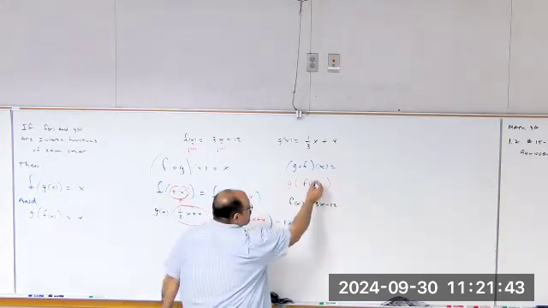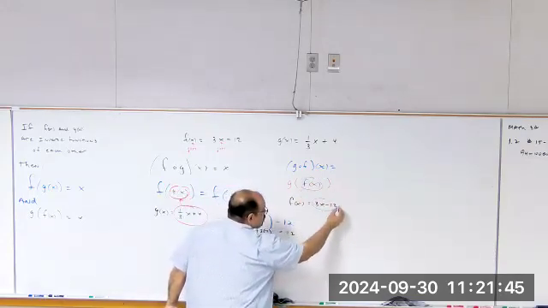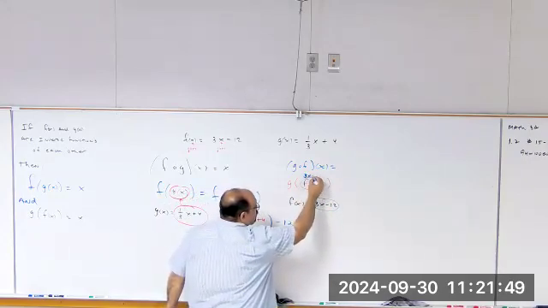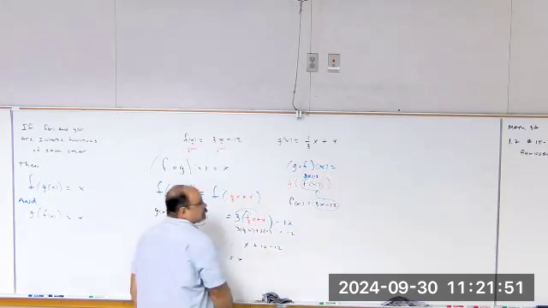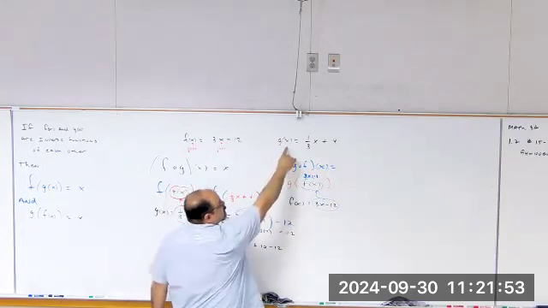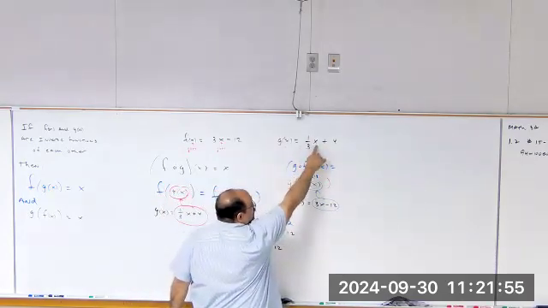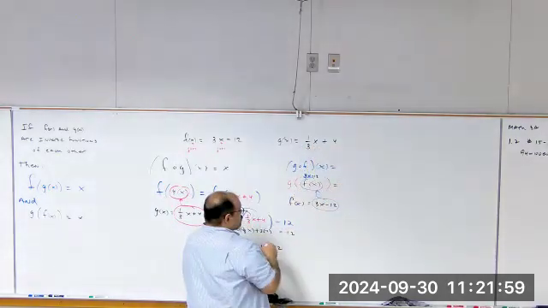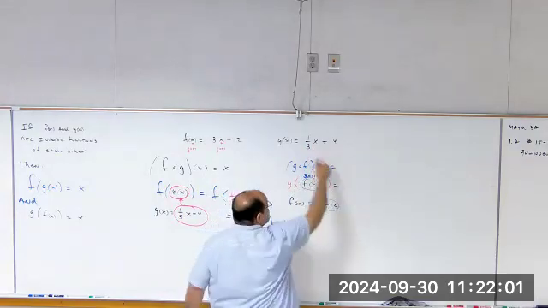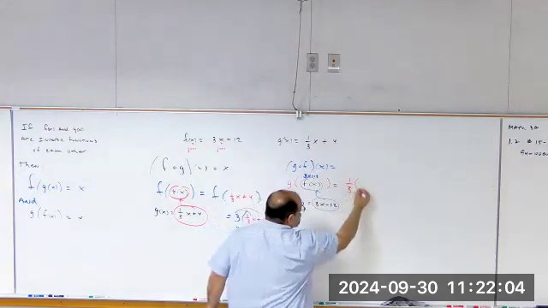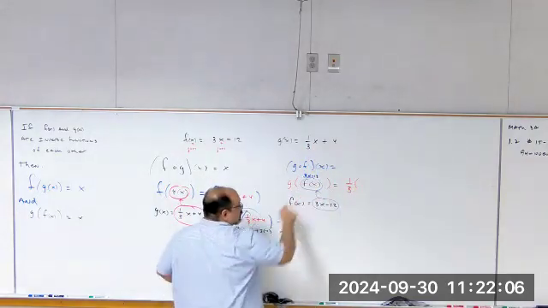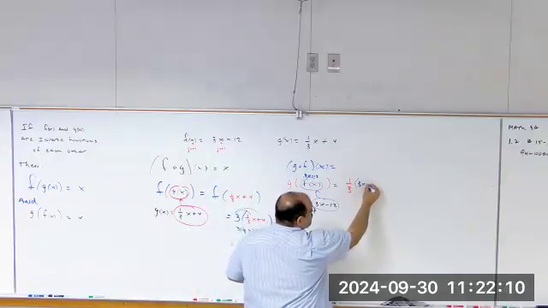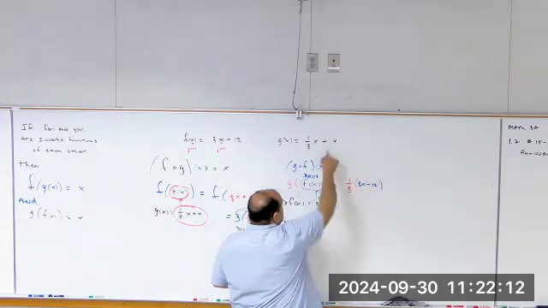So we're going to replace this with 3X minus 12. Whatever goes into G, you multiply by 1/3, and then you add 4. So it's going to be 1/3 times, we're plugging in 3X minus 12, and then plus 4.